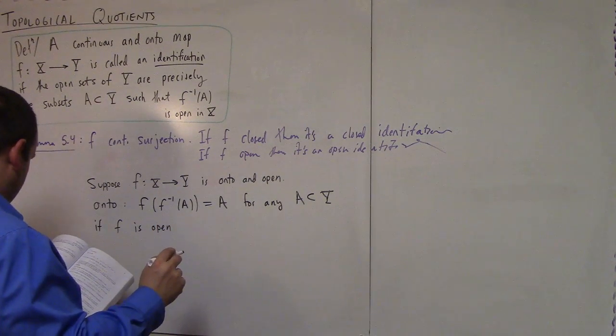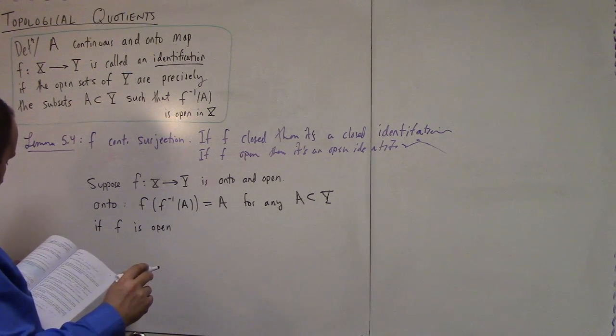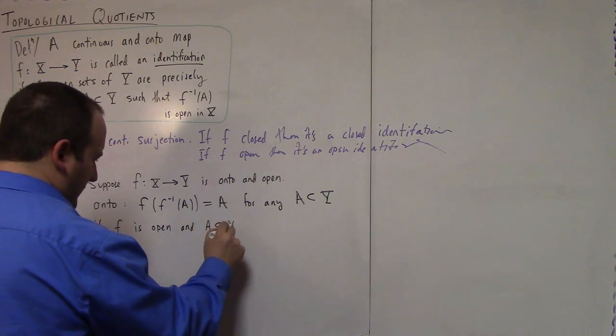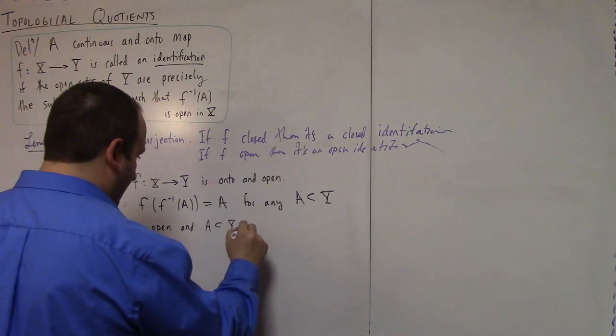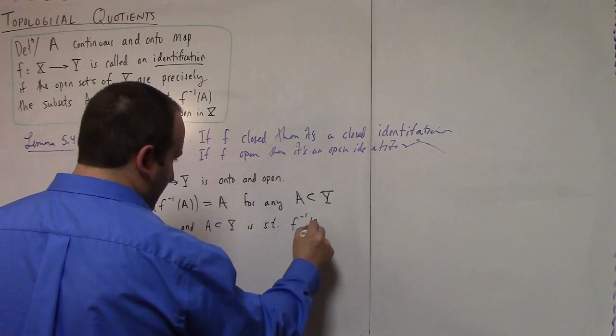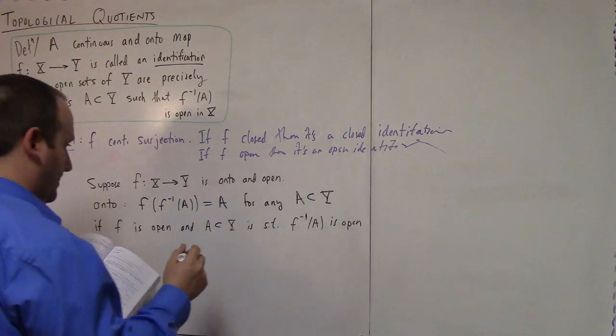Okay. So if F is open and A a subset of Y is such that F inverse of A is open, then A is open. F inverse of A is open, then what?